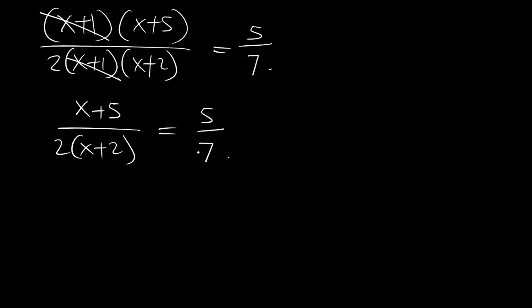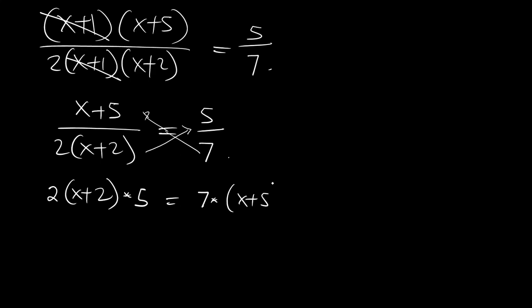So if we cross multiply, this 7 multiplies this, and 2 times (x plus 2) multiplies 5. So what we now have is 2 into (x plus 2) times 5 equal to 7 times (x plus 5).